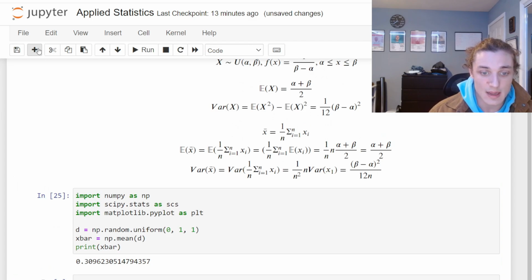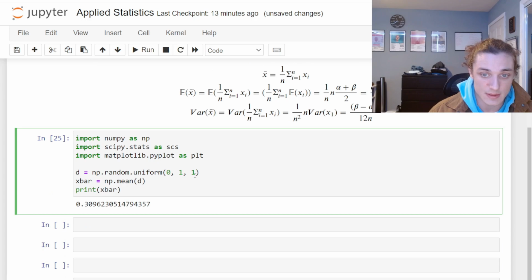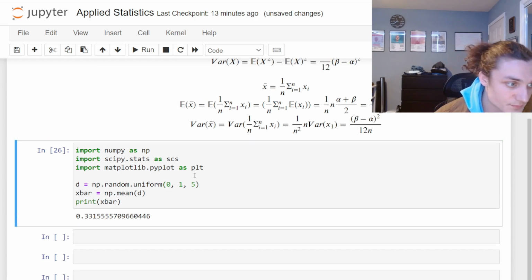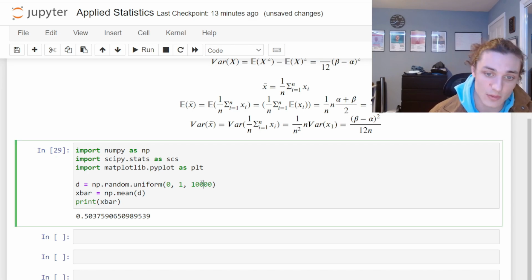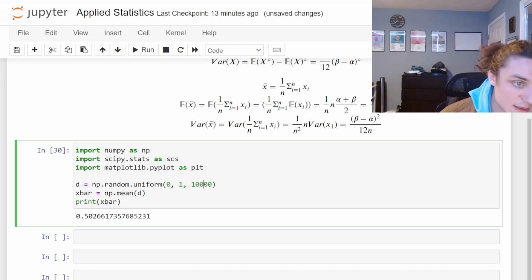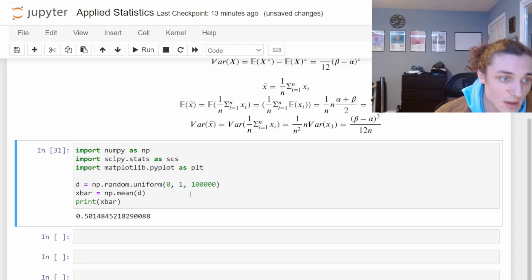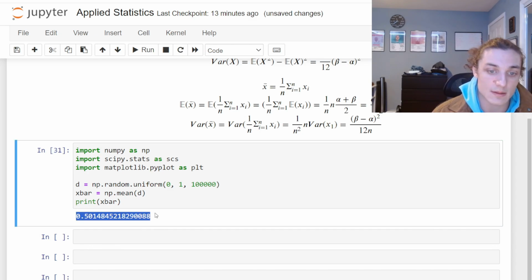Now, this is what's interesting. If I was to increase this to 5, we get 0.33. Increase this to 10, I get 0.49, 100, 0.49, 1000, 0.50. And as we can see, as the sample increases arbitrarily, we are going to get the convergence to that population parameter.